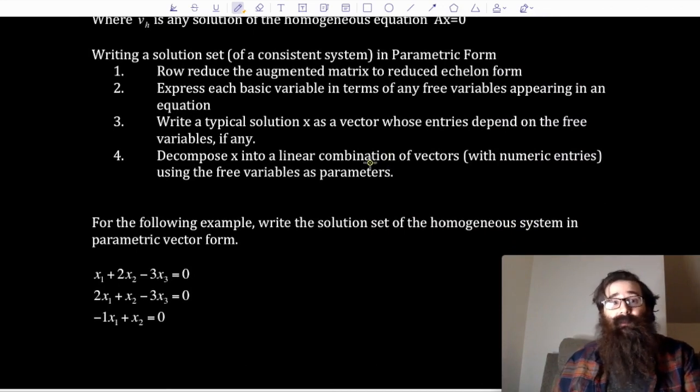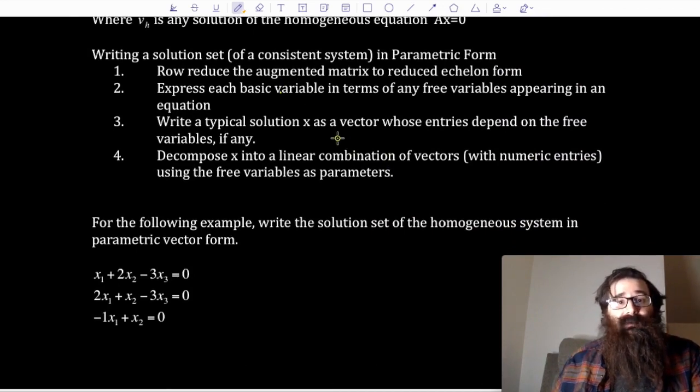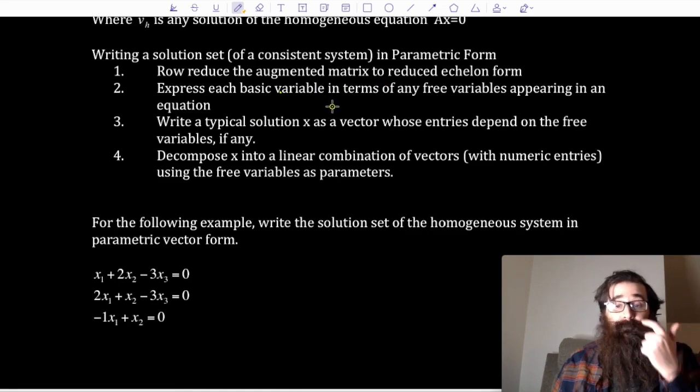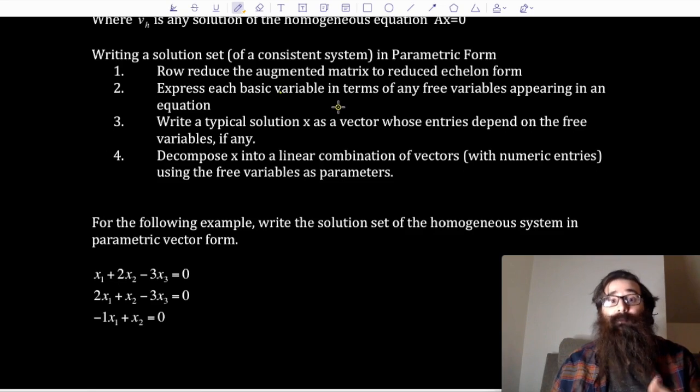We're going to focus on, in this section, writing a solution set of a consistent system in parametric form. And I'm going to talk a lot about these steps, but let's go ahead and sort of discuss them colloquially first. I want to start by row reducing the augmented matrix to reduced echelon form. Then I want to express each basic variable in terms of any free variables appearing in an equation. Remember, the basic variables are where we have our pivot columns.